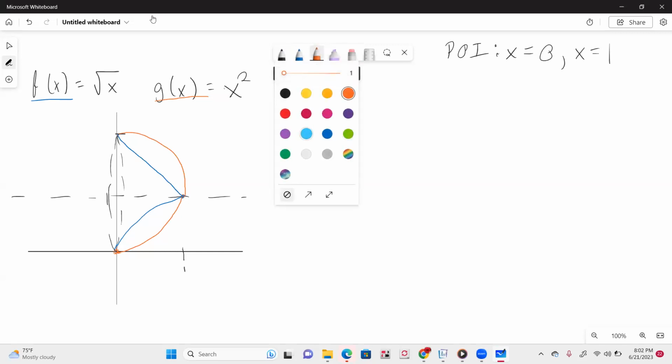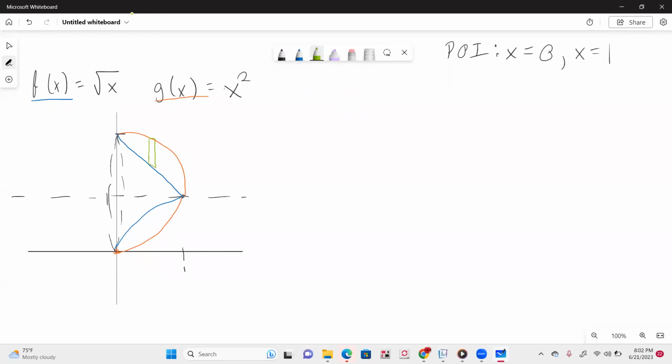Let's do green. Green will stand out well. As you can see here, once we draw in our rectangles, it's pretty clear that we're going to be using the washer method in order to solve for volume.